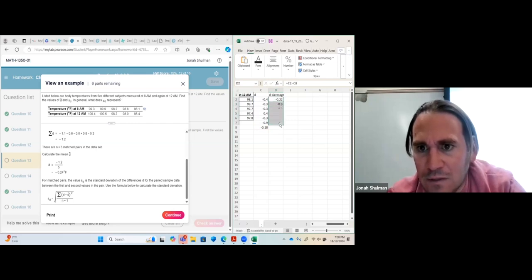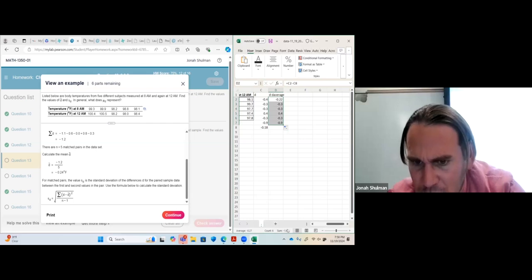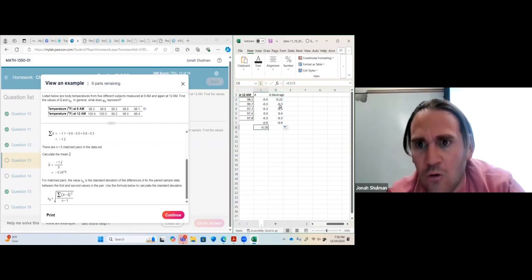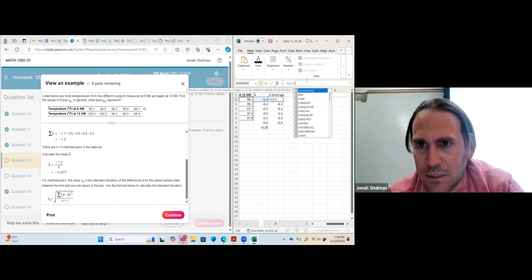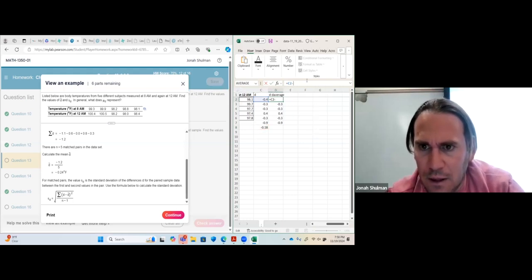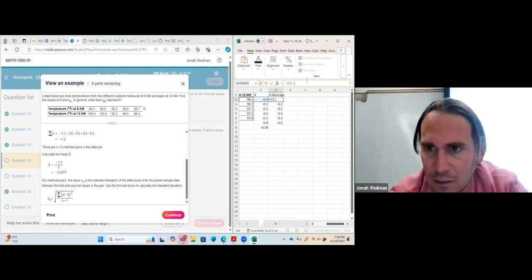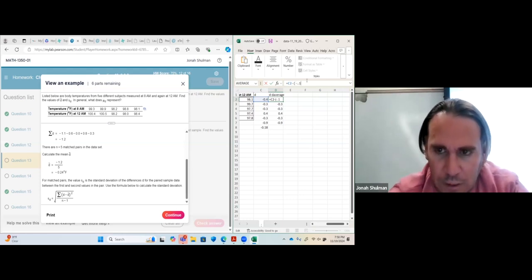And notice if we add these all up, we're going to get 0 because of the exact distance away. See, I didn't get 0. Oh, I see what my mistake is. So I have to just do this because it's messing it up. I have to subtract a negative 0.18.